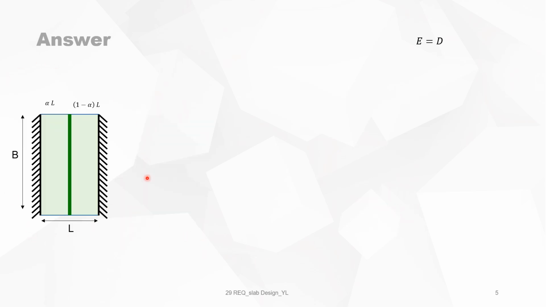So we have the slab. We know that the work done by the external forces must be equal to the work done by the internal forces, or you can write it in this simplified formula.